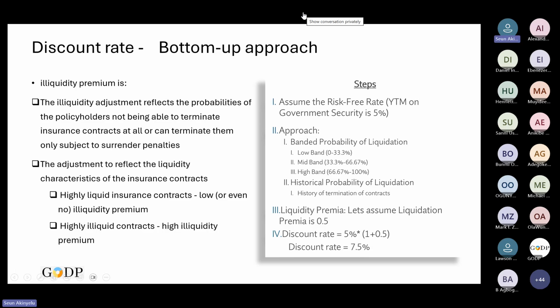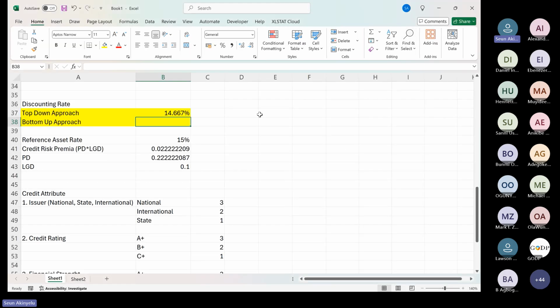Yes. Okay, so let's go to bottom-up. With bottom-up, where do we start? Remember, with top-down we started from the reference asset rate. With bottom-up, we will start from the risk-free rate. With top-down, you start from the top and remove some things from it.